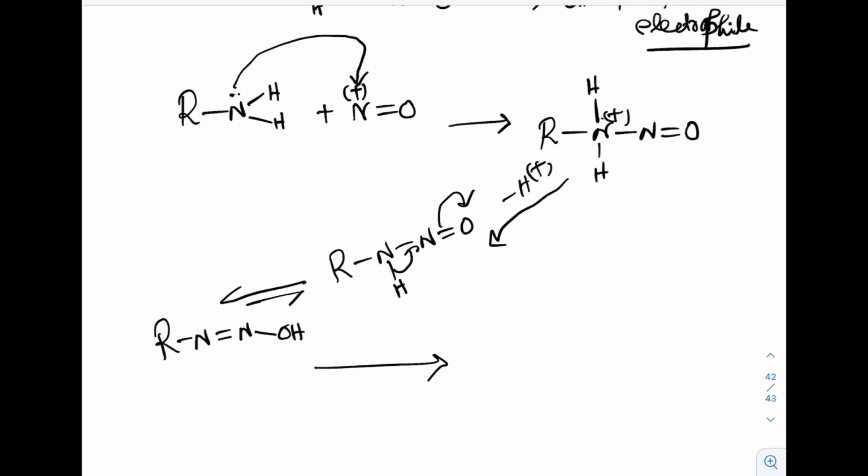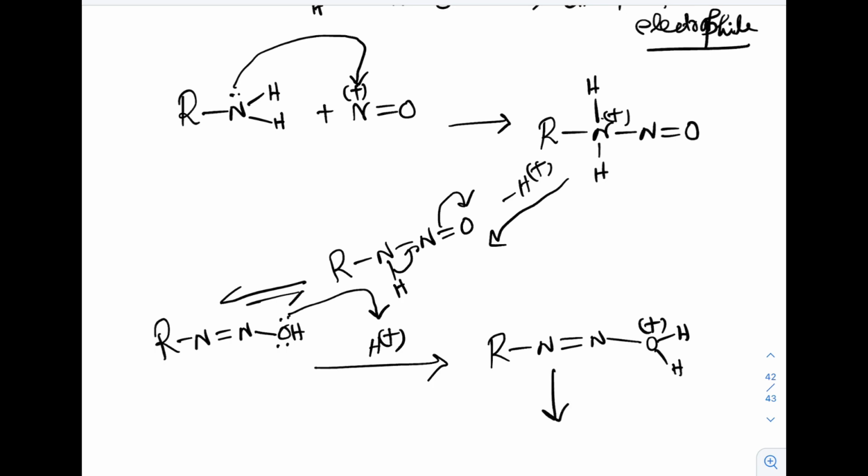So as it is an acidic medium, this lone pair on the oxygen atom will accept this H plus to generate OH2 plus, and now OH2 plus is a very good leaving group.